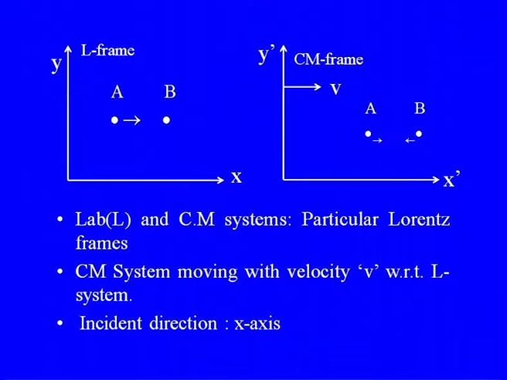Remember, the center of mass system can be thought to be moving with a certain constant velocity v with respect to the lab system. And if our incident direction of collision is the x-axis, we have the S frame and the S prime frame. We just renamed them as L and CM frame. That's the lab frame and the center of mass frame respectively here.